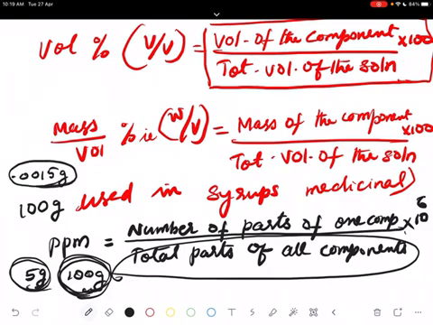If in 100 gram of the air, 0.0015 gram of the pollutant is present, or chloroform is present, nobody cares about that. So we are telling in 10 to the power 6 gram of the air how much pollutant is present. Then this number will be a bigger number.